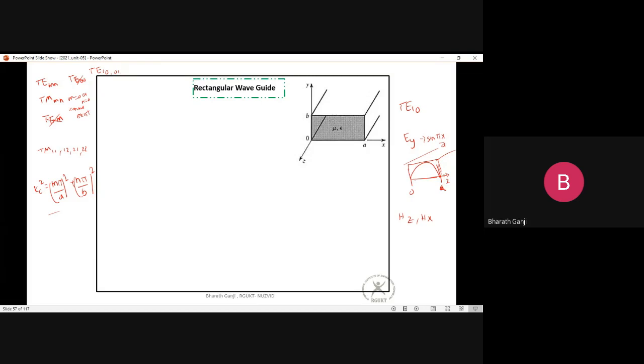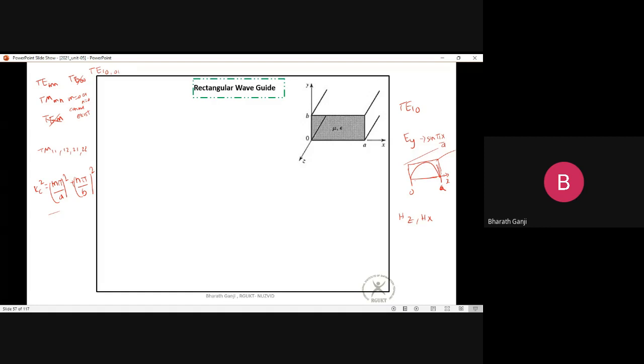Behavior in the sense that I want to understand what kind of propagation constants I'm dealing with, what the wave impedance is, and what the phase velocity of the wave is. These parameters tell me how my wave is going to propagate in my waveguide. For example, right now we are dealing with a lossless case. If I include losses, what happens to the attenuation constant?